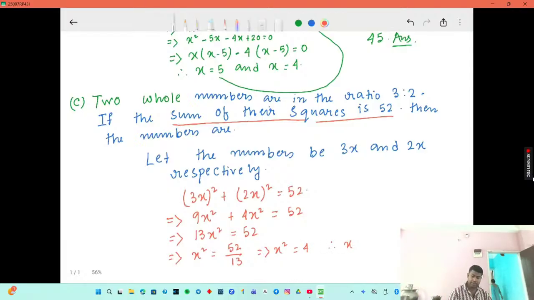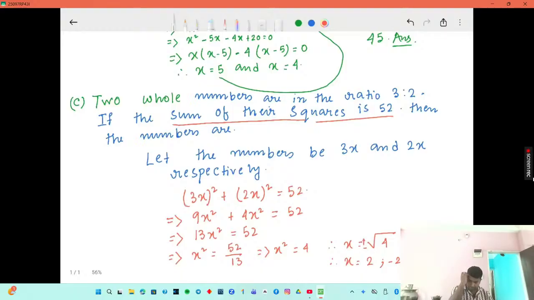Therefore, x is equal to plus minus root over 4. Therefore, x is equal to 2, minus 2. Is it okay?